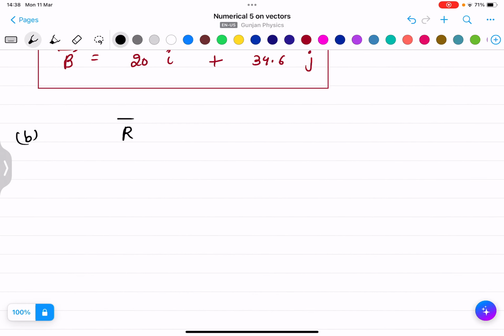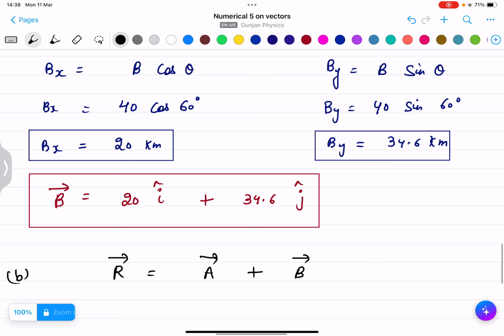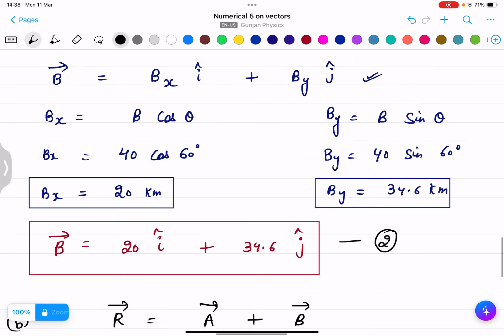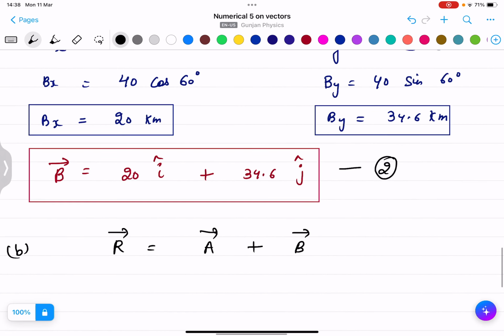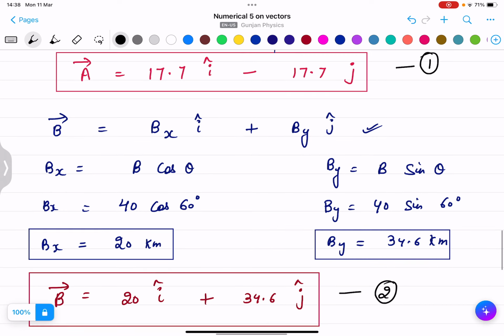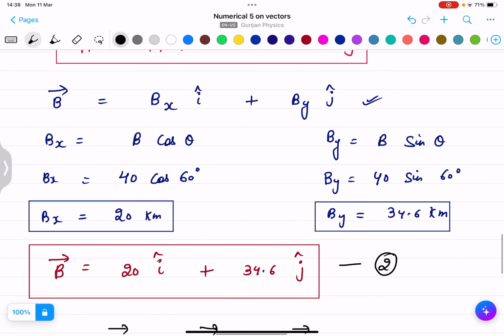R, what is R? It is simply A plus B. So we have equation number 1 and this is equation number 2. Let's simply add the first and second equations. So whatever we have in the coefficient of i we will add together.